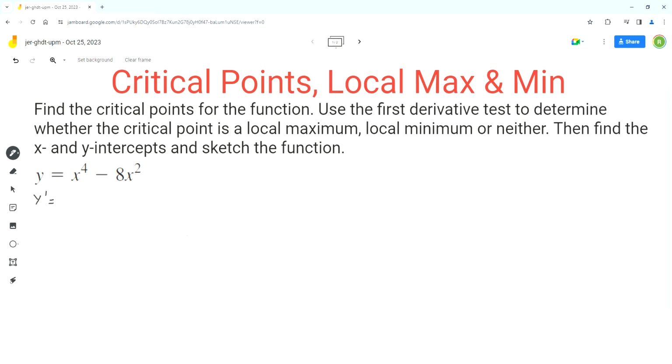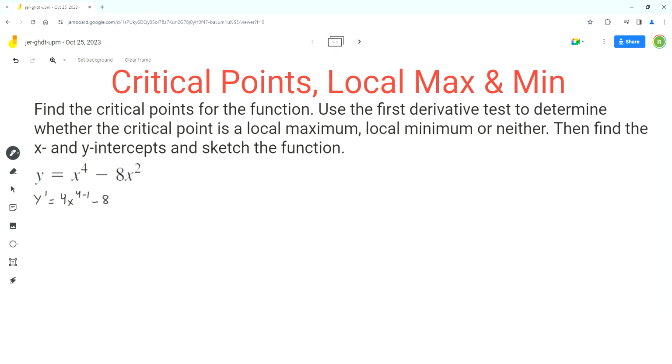So the derivative of x to the power 4 will be 4 x exponent 4 minus 1. So we move the exponent to the front and then we subtract 1 from the exponent. Now in the next term, minus 8 is the coefficient, so it stays the same.